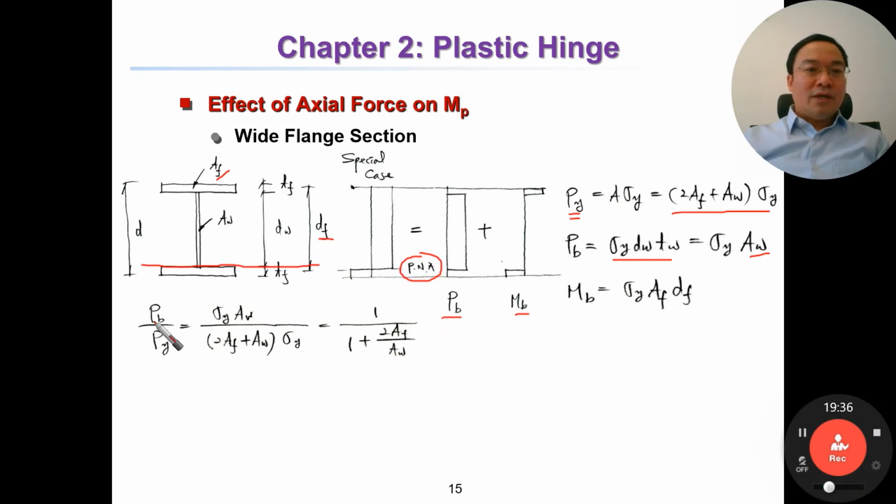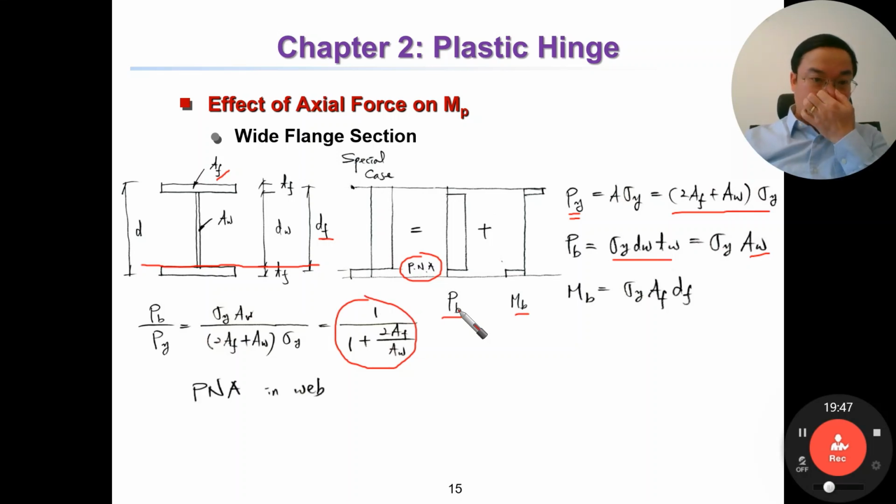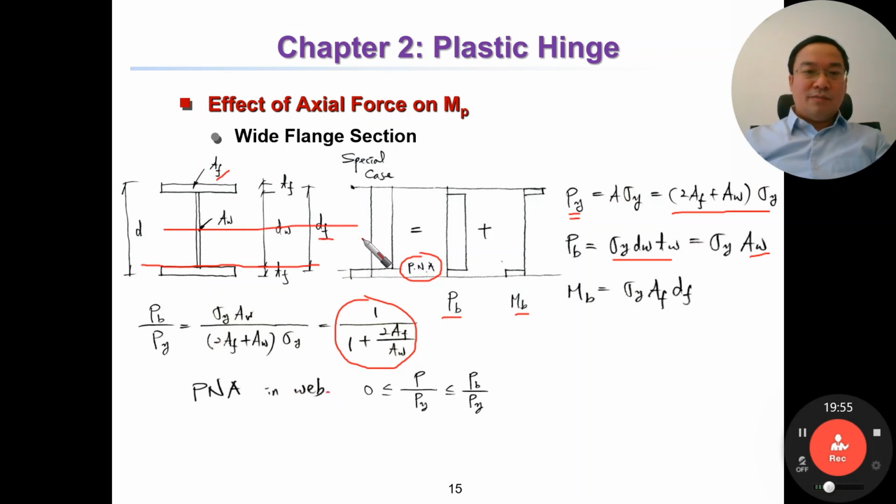And we have the ratio between PB over PY. PB over PY is equal to this one. Now the P and A in the web. P and A in the web here. What does it mean? It means P over PY, where P is the action force over PY.